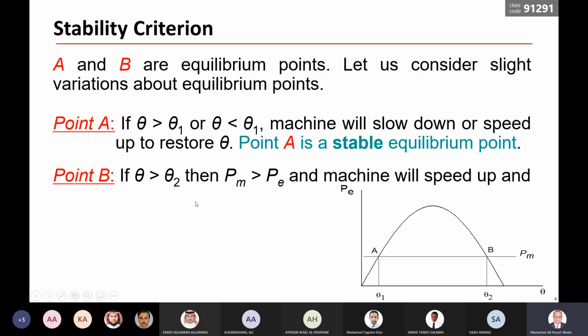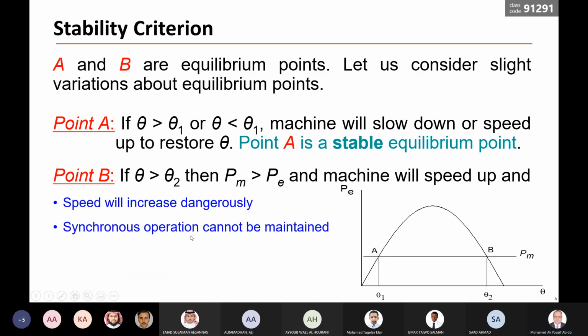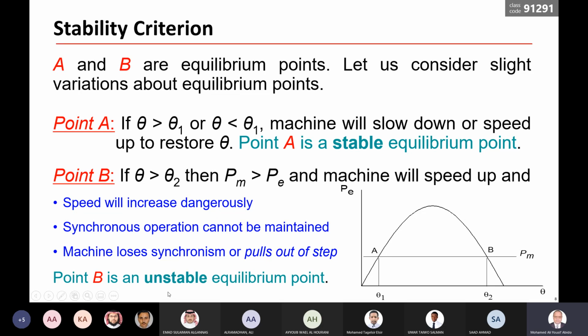So going far, synchronous operation cannot be maintained. It will not come back to the equilibrium point. The machine loses synchronism or pulls out of step. So point B is called an unstable equilibrium point.